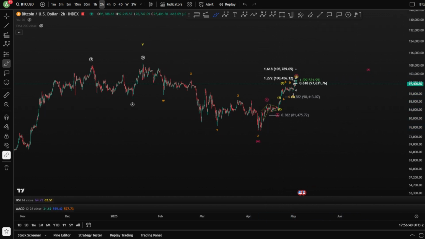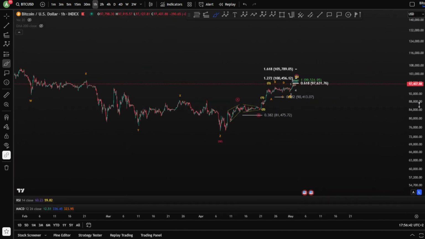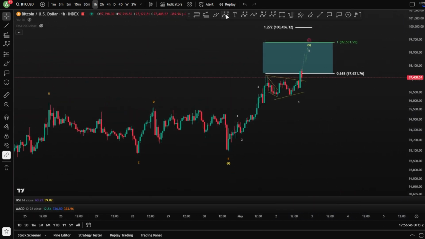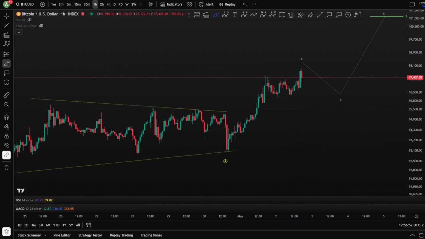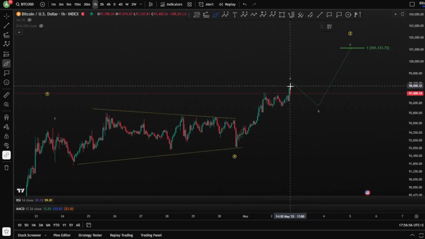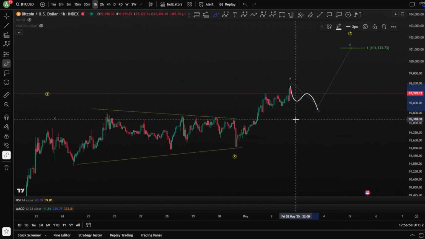The difference on the lower time frame is whether you finish in an impulse here or you finish in a zigzag. This will be defined with the next price action.